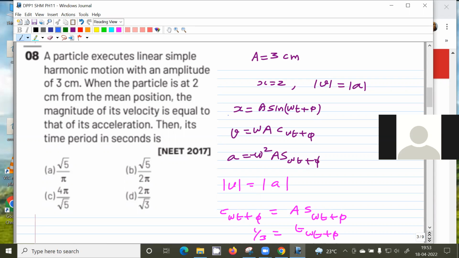So velocity is omega into square root of 1 minus x square, so a square minus x square, right?